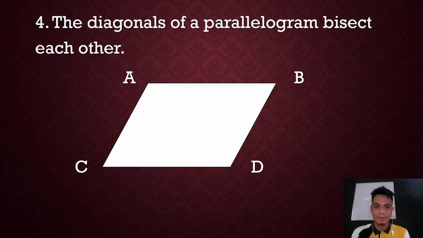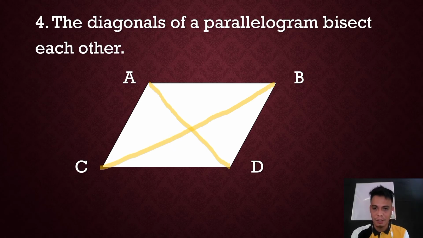Next. The diagonals of a parallelogram bisect each other. Pag sinabing diagonal, guys, so ito po yung line na nagko-connect sa opposite na side or opposite angle. So therefore, this one and this one. So these are their diagonals, your segment AB and segment BC. Okay?